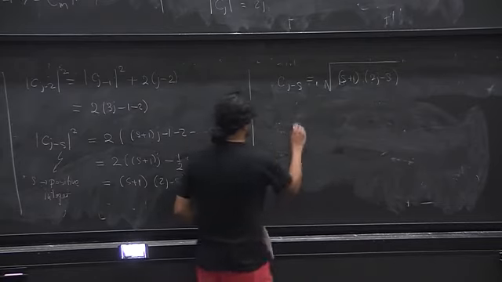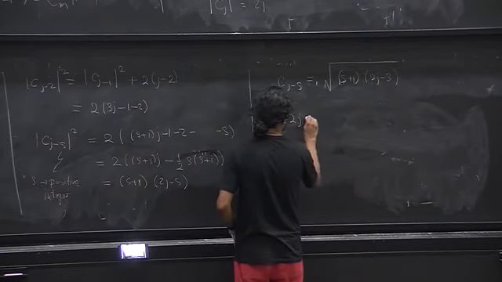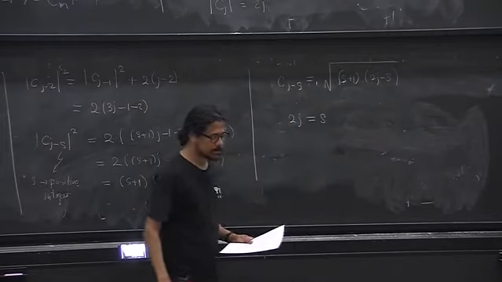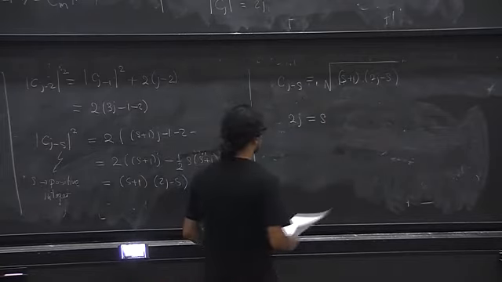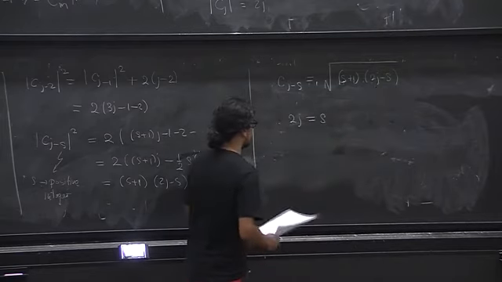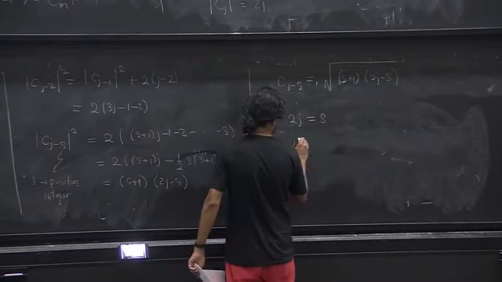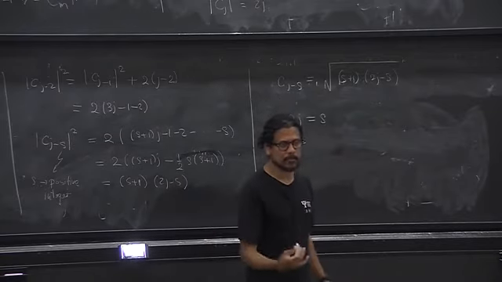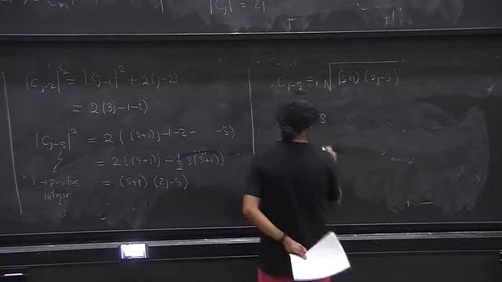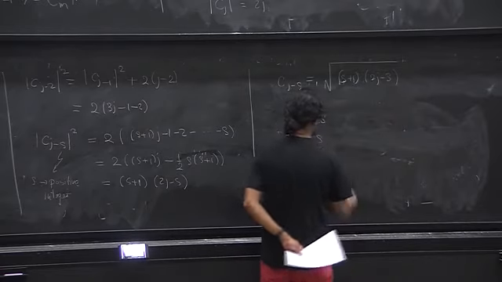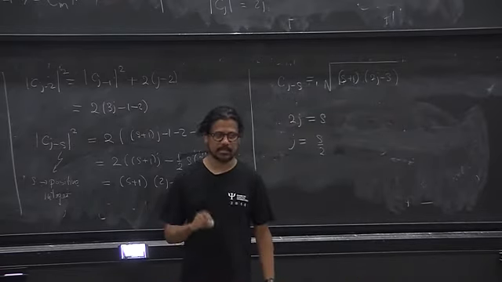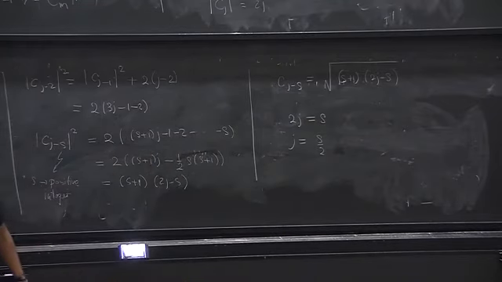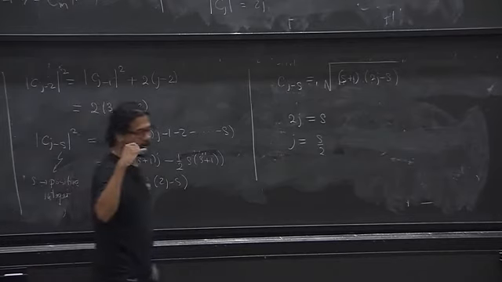So at some point, 2j minus s will be equal to 0. That is the only way this thing can go to 0. So this means that the value of j, the highest eigenvalue of m, is s by 2. So it can be either a positive integer or a positive half integer. The highest value of m.